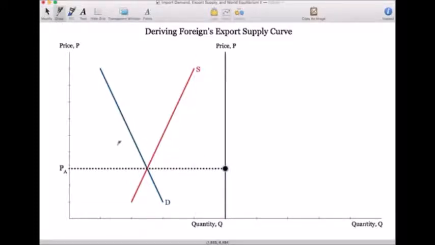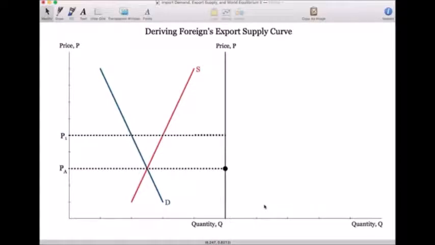Now, let's raise the price up and see what that does. So let's raise the price up to that level. Let me change that to a dotted line to make it consistent. And here I'm going to say this is equal to P sub 1. Change the font so it matches.